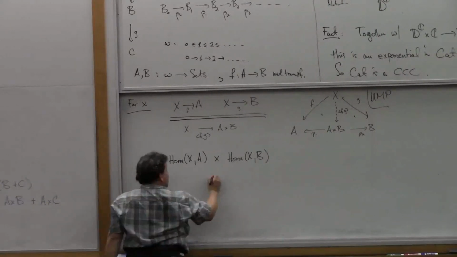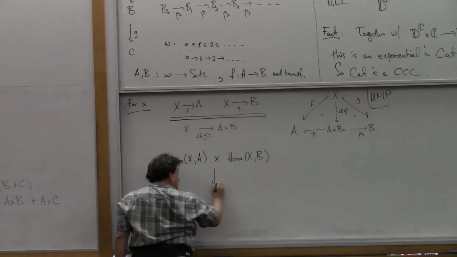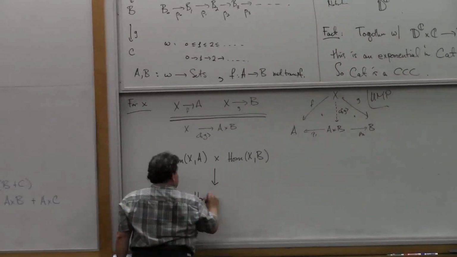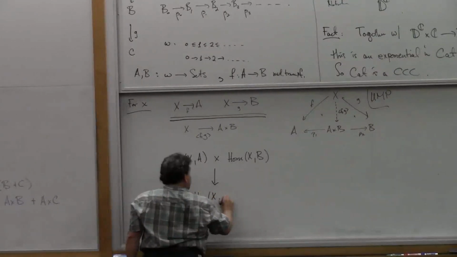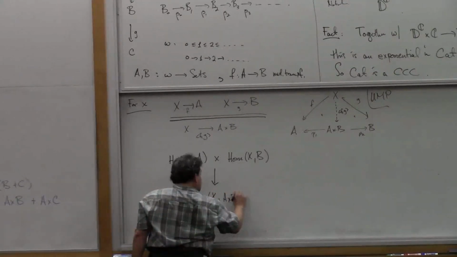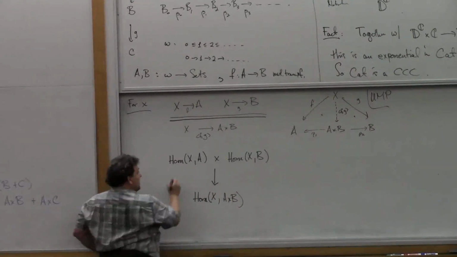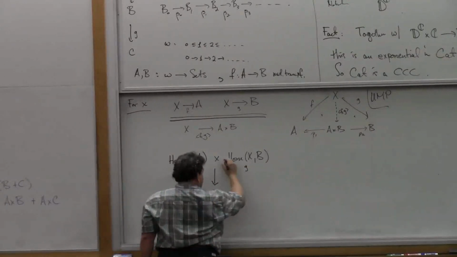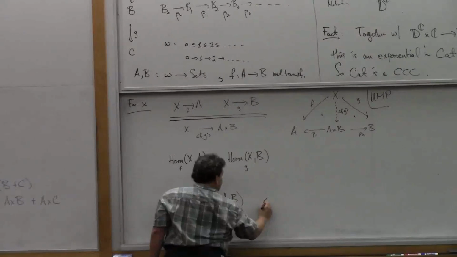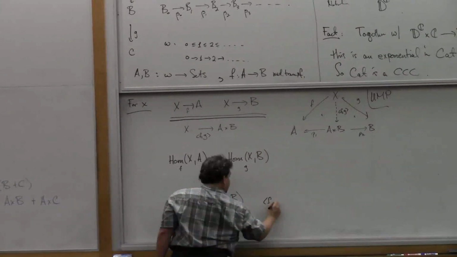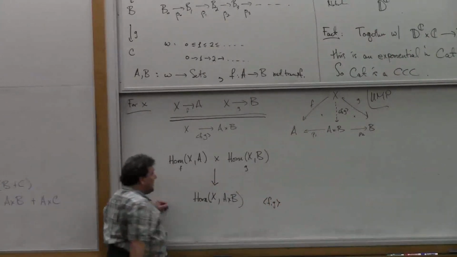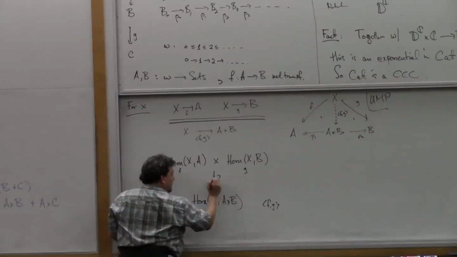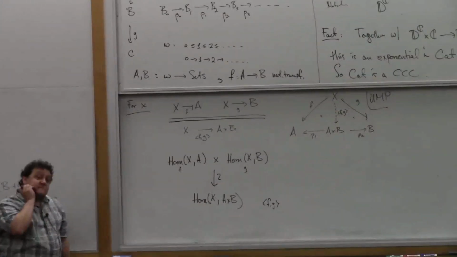And then there's a map going down to below the line and landing in Hom(X, A cross B). And how does the map work? It takes F and it takes G and it pairs them up to give me (F, G). And now the universal mapping property says exactly that this is a bijection of Hom sets.